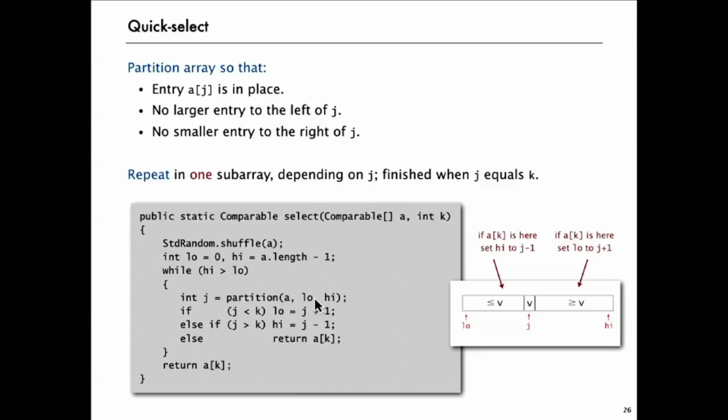Do one partition, then check whether your kth element is going to be in the left part or the right part. Reset low or high accordingly. If it's equal, then you found it and you return it and you keep going until you get to a point where you have only one element. That's a QuickSort like implementation solving the selection problem.